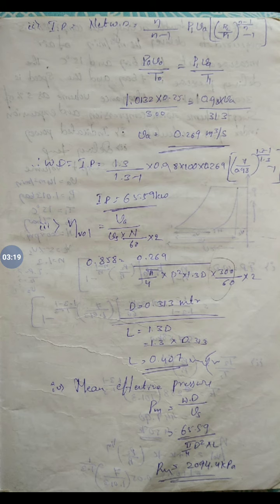Next is the second one, that is the cylinder dimensions. We know that volumetric efficiency is nothing but actual volume by swept volume. So it is given by VA by VS for one cycle.